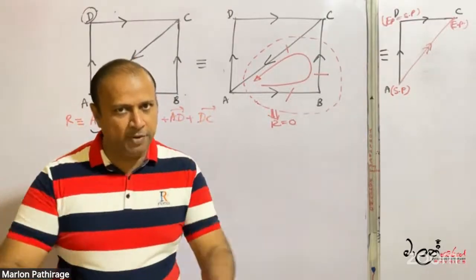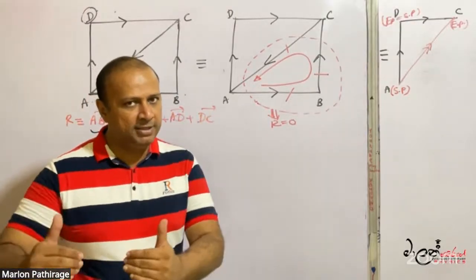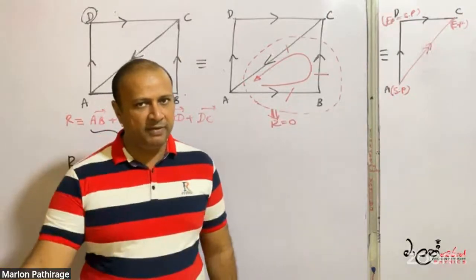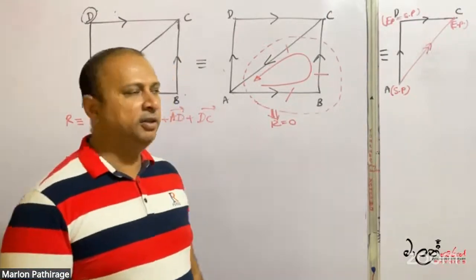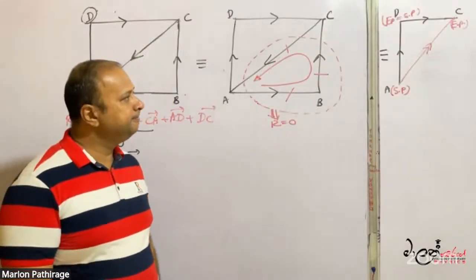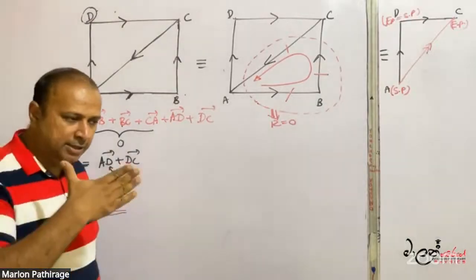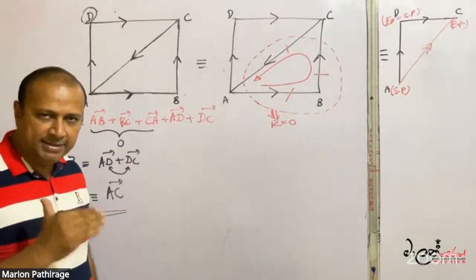Look at my argument. Write down the T. That means we have to reduce the vector system into one single vector.